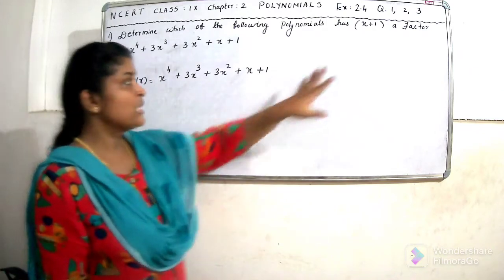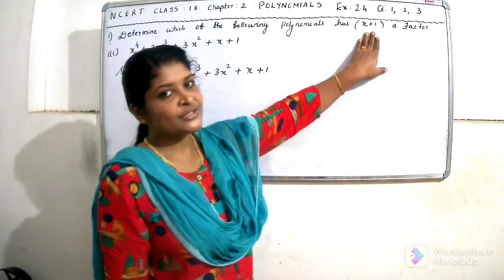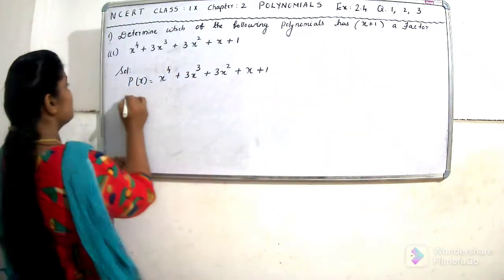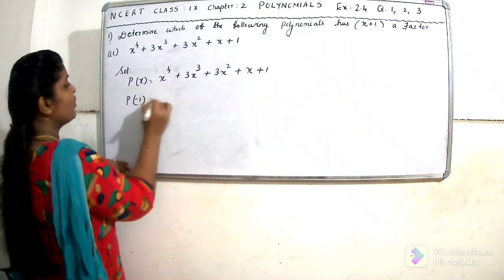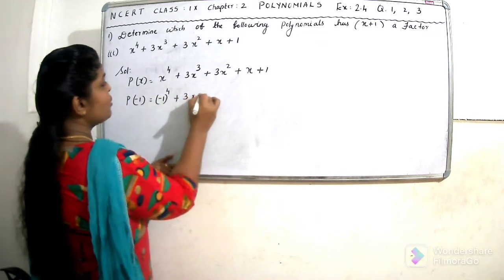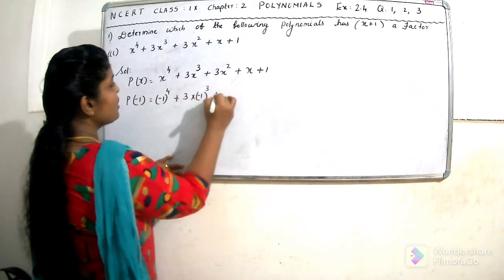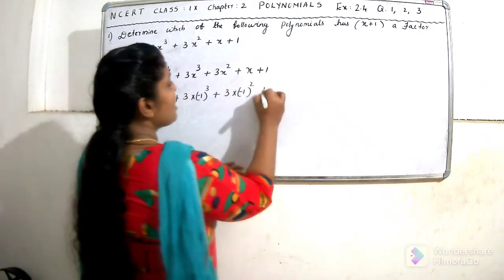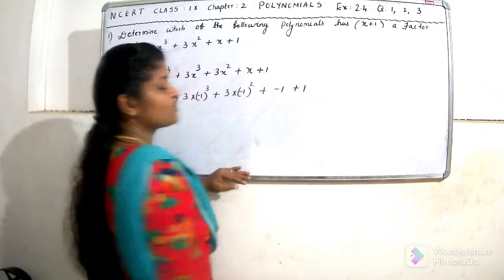And we know the zero of the polynomial is common because the divisor is not changing. So negative 1. When we substitute, negative 1 raised to 4 plus 3 into negative 1 raised to 3 plus 3 into negative 1, the whole squared, plus negative 1 and plus 1.